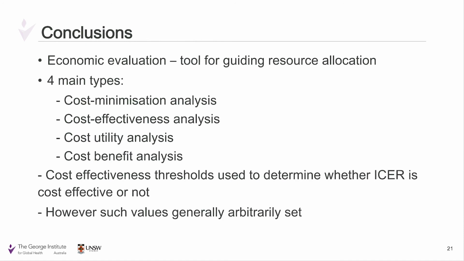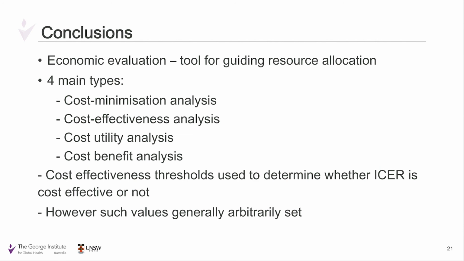So, in conclusion, here are some main points that arise from the presentation. Economic evaluation is a tool for guiding the way in which we allocate resources within the health sector. There are 4 types of economic evaluation: cost minimization analysis, cost effectiveness analysis, cost utility analysis, and cost benefit analysis.